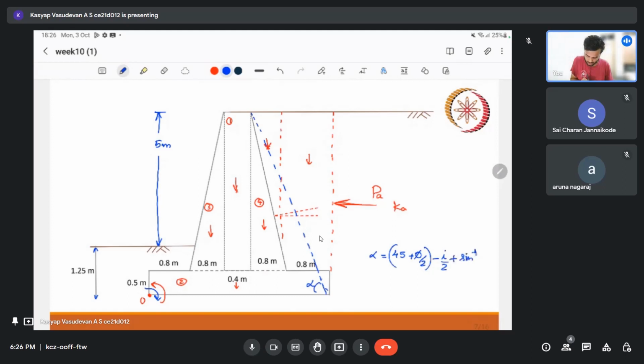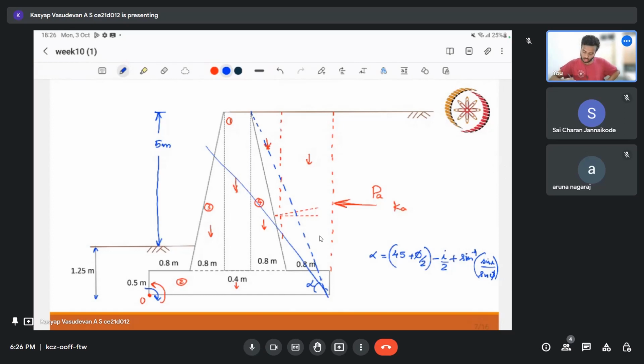Actually sir has already discussed this, but if it is not clear, I wanted to explain. So we will find the value of alpha, that is 45 plus phi by 2 minus i by 2 plus sine inverse of sine i by sine phi. And if we find that alpha, and if I draw this line, if it is crossing the stem like this, then we cannot use Rankine's method.